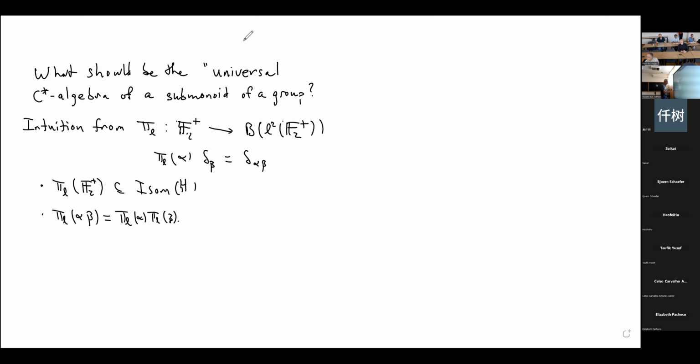So in fact, Nica observed this. Pi sub L preserves more structure. And I think his intuition came from this example of the free monoid and O2.